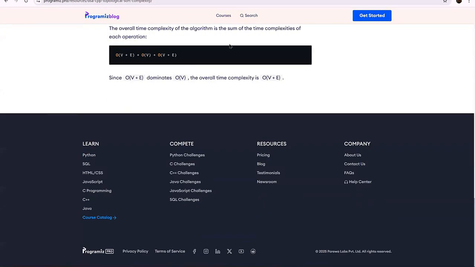So the time complexity is order of V plus E plus V plus V plus E, so actually it is an order of V plus E algorithm, okay. It's order of V plus E, the number of vertices plus edges, because each time you need to see how many vertices, and for each vertex how many edges. That's the total complexity that you will have.